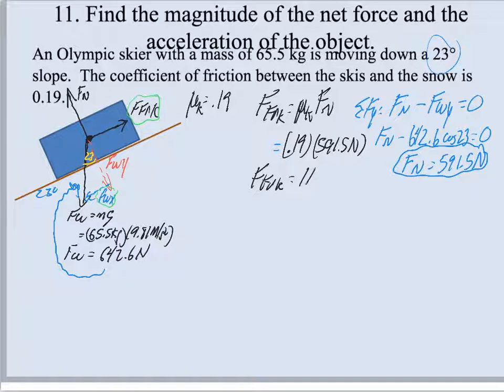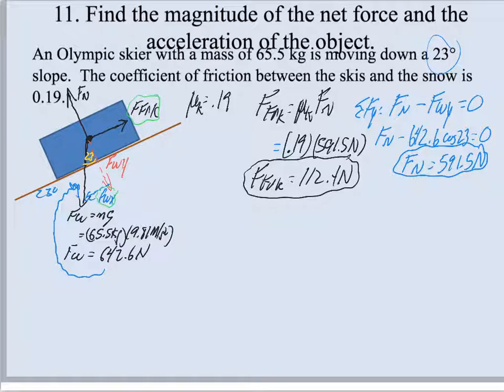And that gives us 112.4 newtons. So friction is pushing against the skier with 112.4 newtons. But the skier is accelerating. And we know Fwx is going to have to be greater than friction force, because that's the only way that you could accelerate is if the down the hill force is greater than the up the hill force.